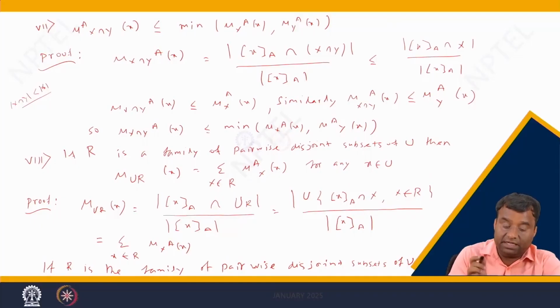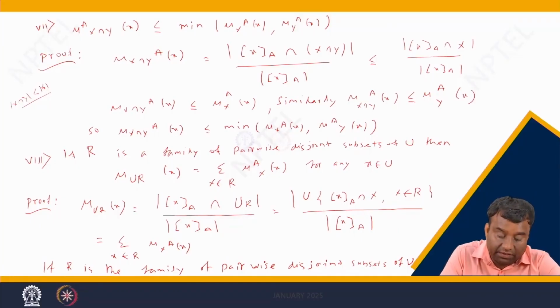Now property number 8 is that, here you know that the cardinal number of X intersection Y is less than or equal to the cardinal number of X. So here mu_{X intersection Y}^A(x) is less than or equal to the minimum of mu_X^A(x) and mu_Y^A(x). Here mu_{X intersection Y}^A(x) is equal to the cardinal number of [x]_A intersection X intersection Y divided by the cardinal number of [x]_A, so that is less than or equal to the cardinal number of [x]_A intersection X by the cardinal number of [x]_A.